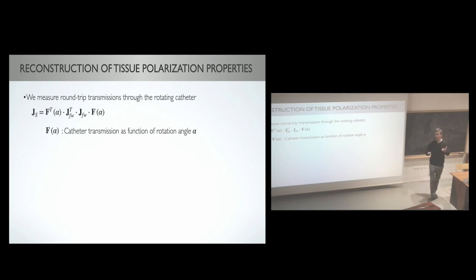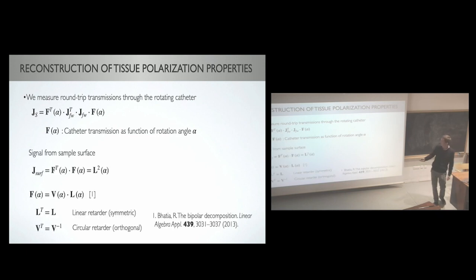And now, because it's a fiber, the reflection in the ball lens itself acts as a linear retarder. So it's basically a birefringent element that is changing as you rotate the catheter. So we need to clearly back out this effect. But again, if you simply look at the signal from the sample surface, all we observe is a round-trip linear retarder.